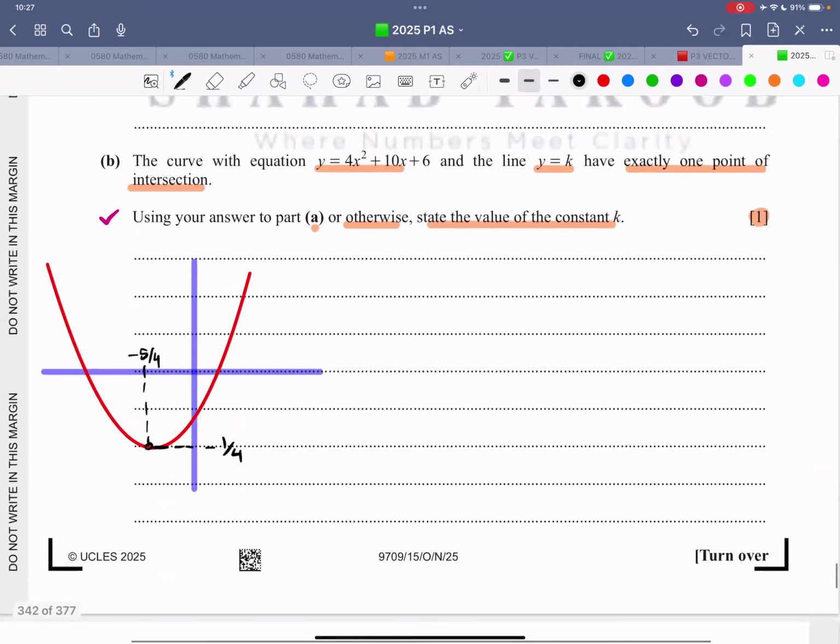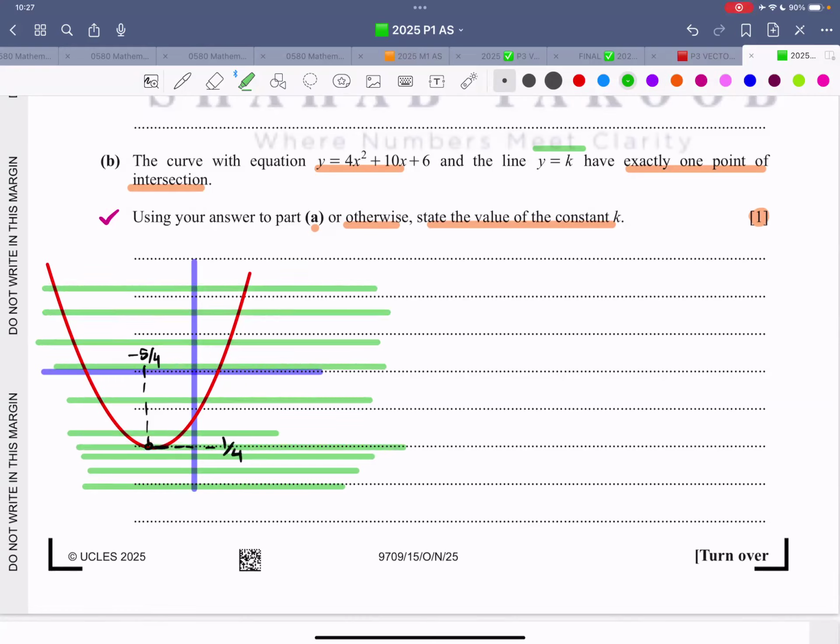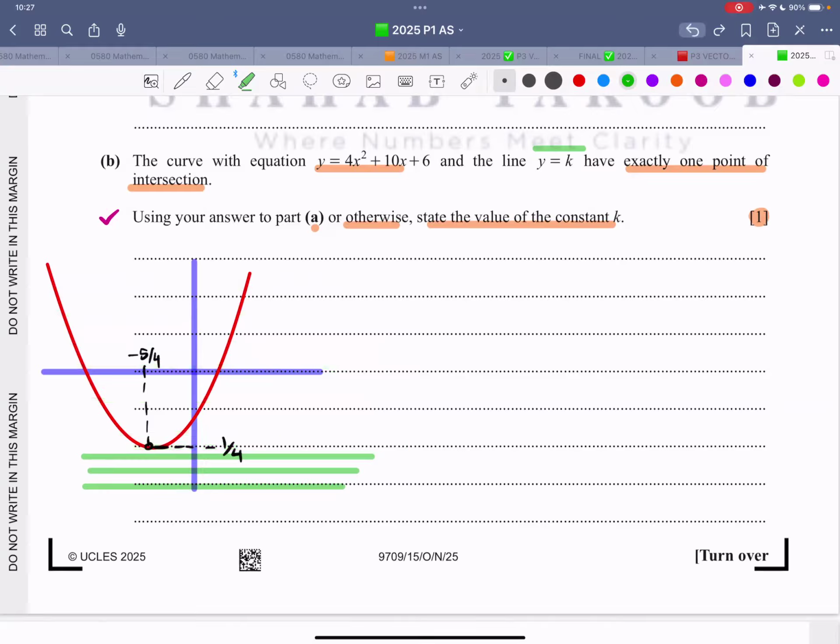Now, y is equal to k is a line. It's a horizontal line. So if I draw this horizontal line, if it's over here, it's not cutting, not cutting, not cutting. It's touching at one point. And anything above, it would be cutting at 2 points. So they have exactly 1 point of intersection.